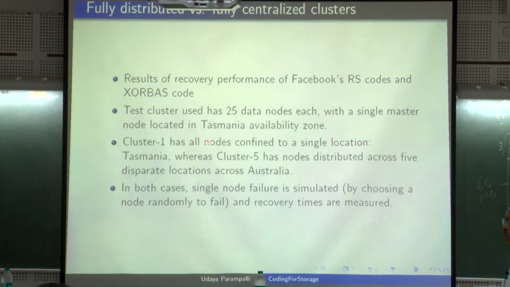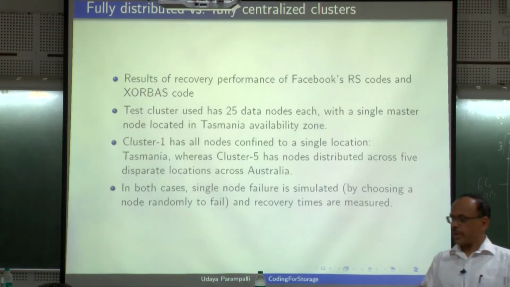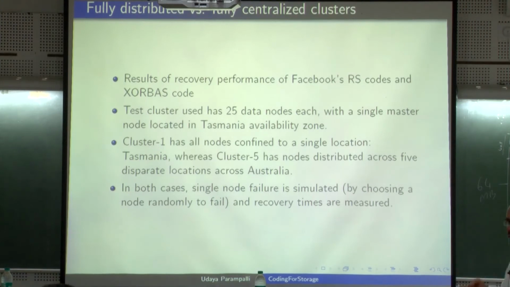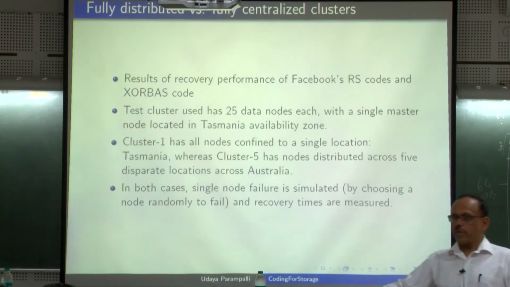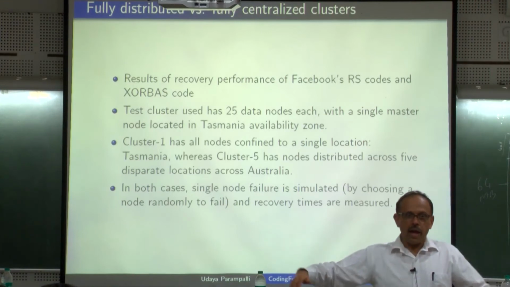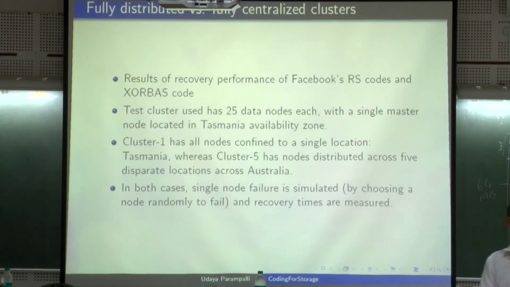Cluster 1 has all the nodes confined to a single location, so that is the simplest cluster, and we have other variations, but I do not present all those results here. Cluster 5 has all nodes distributed across 5 disparate locations. So cluster 5 is completely random, and cluster 1 is located in one place.